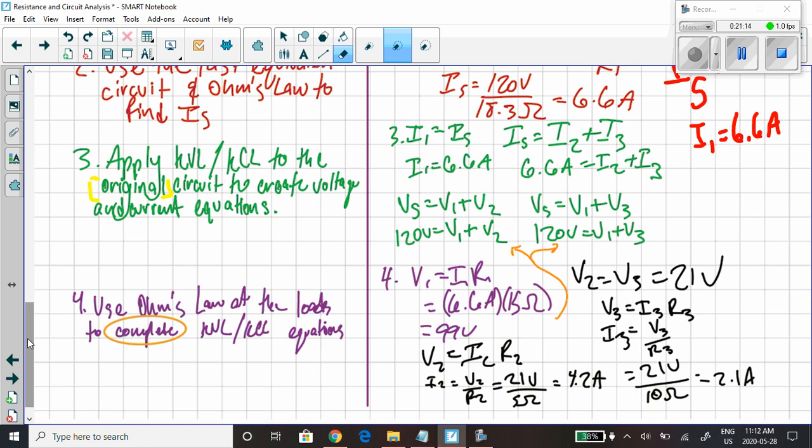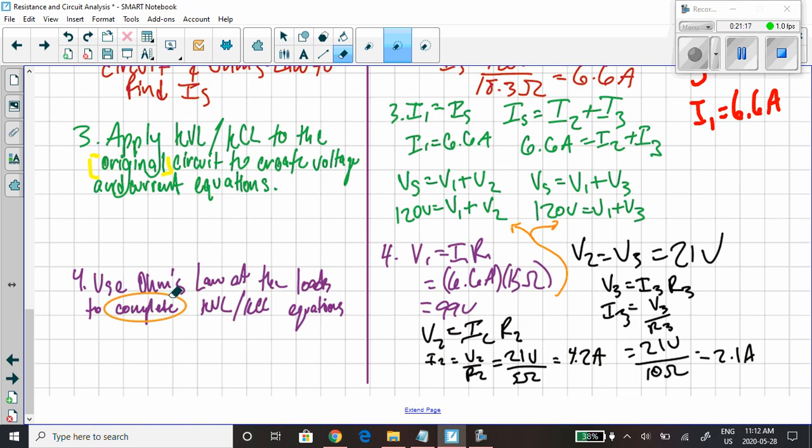What is the fourth and final step? Use Ohm's law at the loads to complete the Kirchhoff voltage law and Kirchhoff current law equations. So we're going to use Ohm's law where we can. Well, let's think about the first load. Do I know the current at the first load?